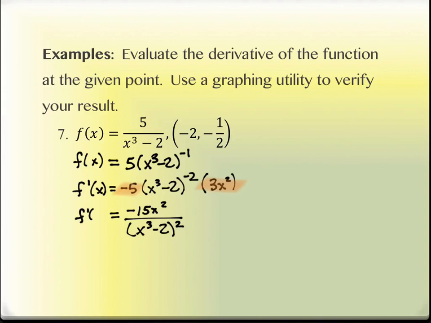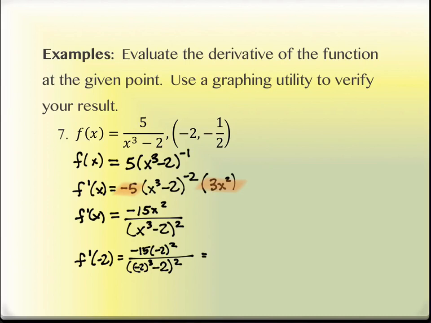This is f prime of x, but I want to find f prime of -2. So I'm evaluating. So -15 times -2 squared over -2 quantity cubed minus another 2 and then squared. Lots of squaring going on.